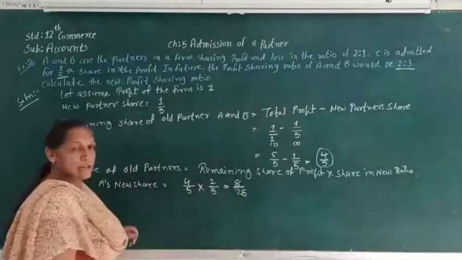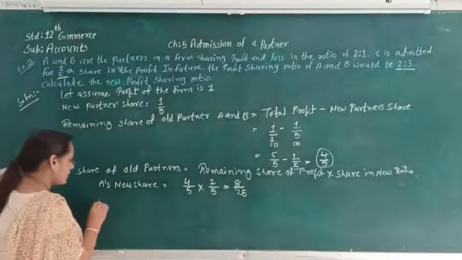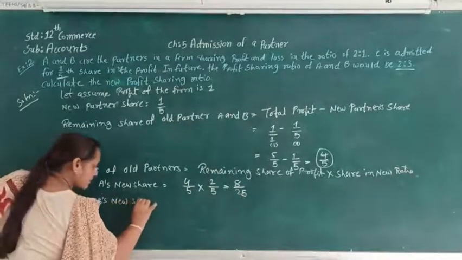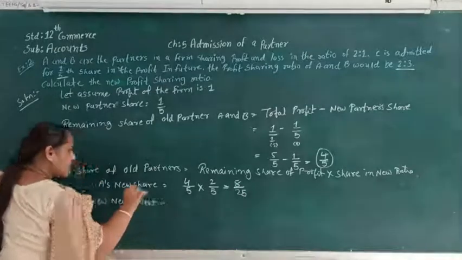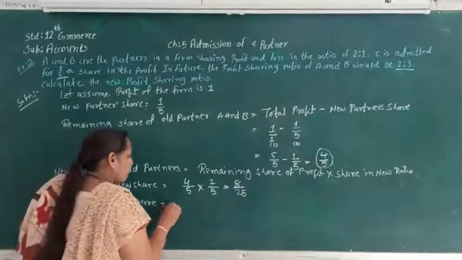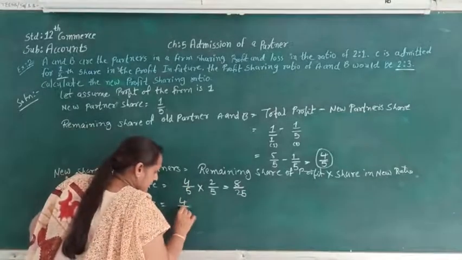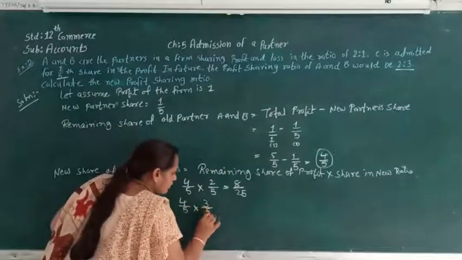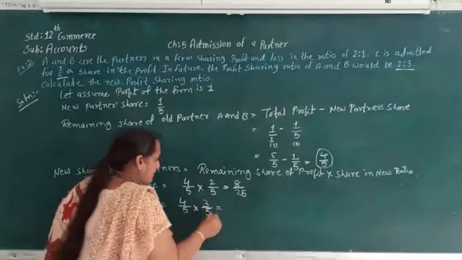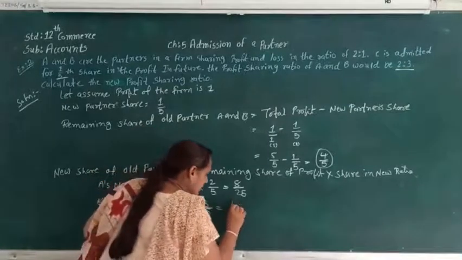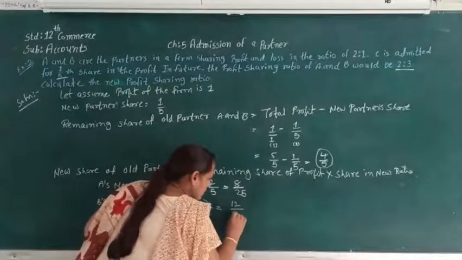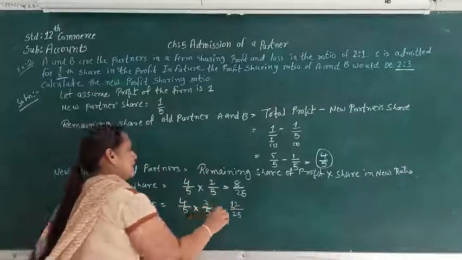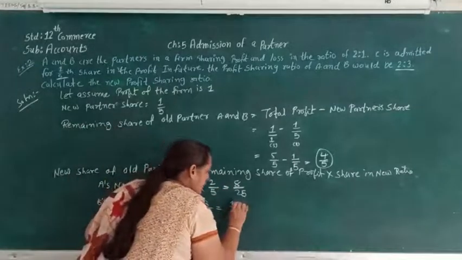So the first partner's new share will be 8 by 25. The second partner's new share is equal to 4 by 5 into 3 by 5. So it will be 4 3s are 12, 5 5s are 25. So this new share will be 12 by 25.